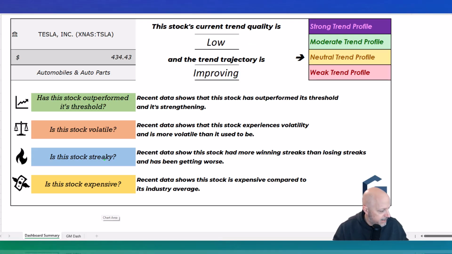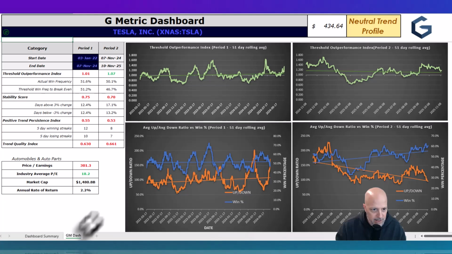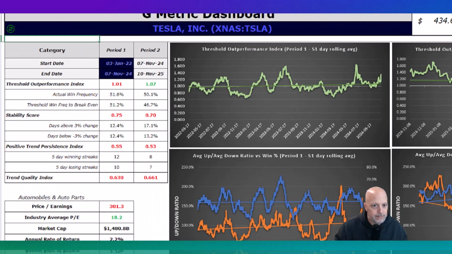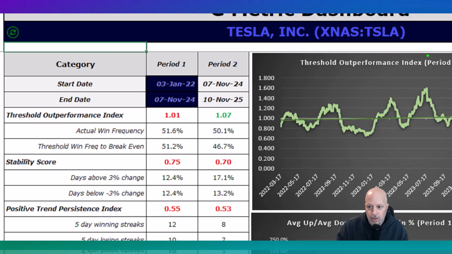So let's dive in and look at the more detailed dashboard here. Let's zoom in up here at the top. Eventually I'm going to be selling this dashboard for use. It may change quite a bit before then, but I've designed it so there are only 3 places where the user would input information.